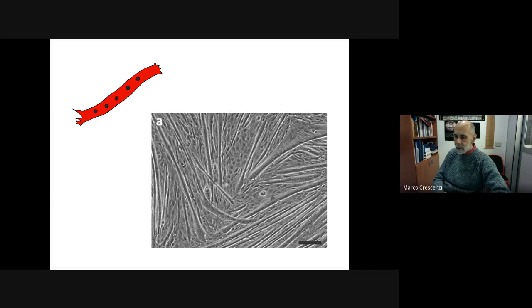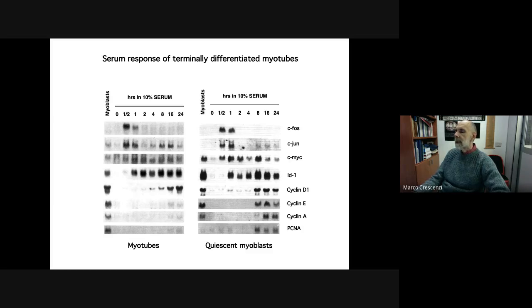In order to investigate this issue, we did a simple experiment, which was nonetheless very fruitful because it gave us precious information. What we did is shown here. We compared myotubes, postmitotic myotubes, with quiescent myoblasts. Quiescent myoblasts are just temporarily arrested and can go back to the cell cycle when properly stimulated.